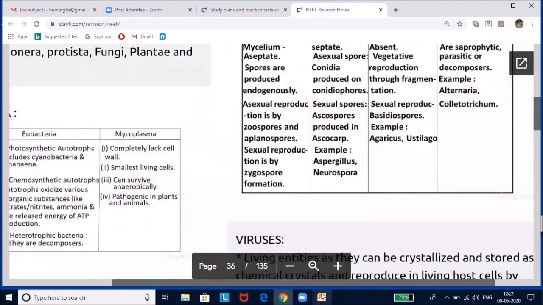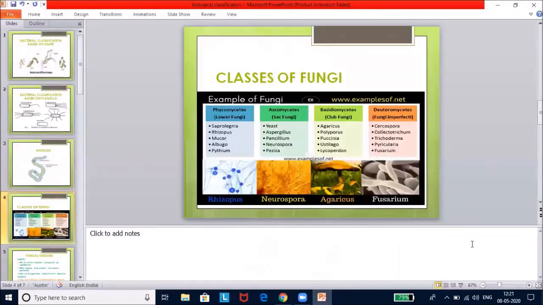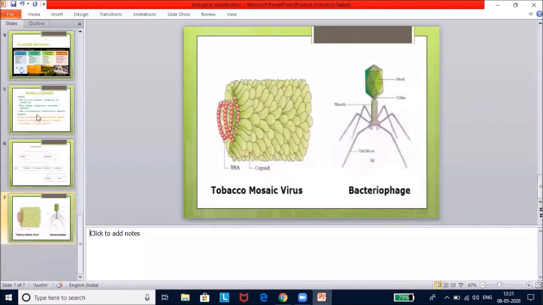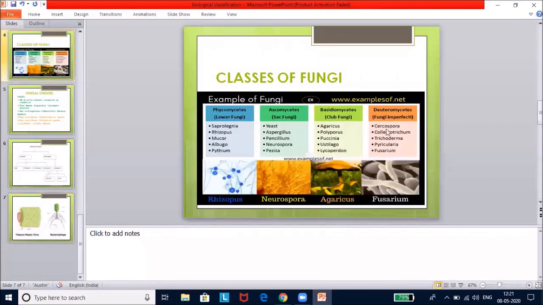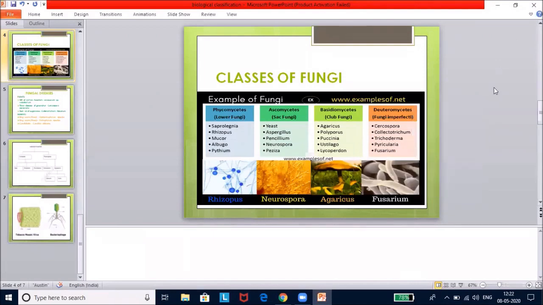Now, I'm going to project a slide which is important. Please make a note of this slide, children. Classes of fungi. This is very, very important. So you see Phycomycetes, examples: Saprolegnia, Rhizopus, Mucor, Albugo, Pythium.